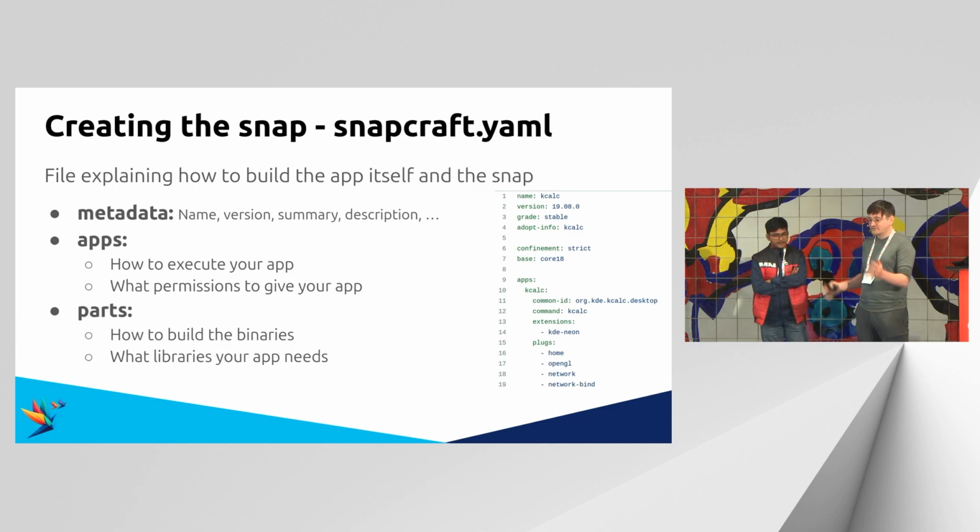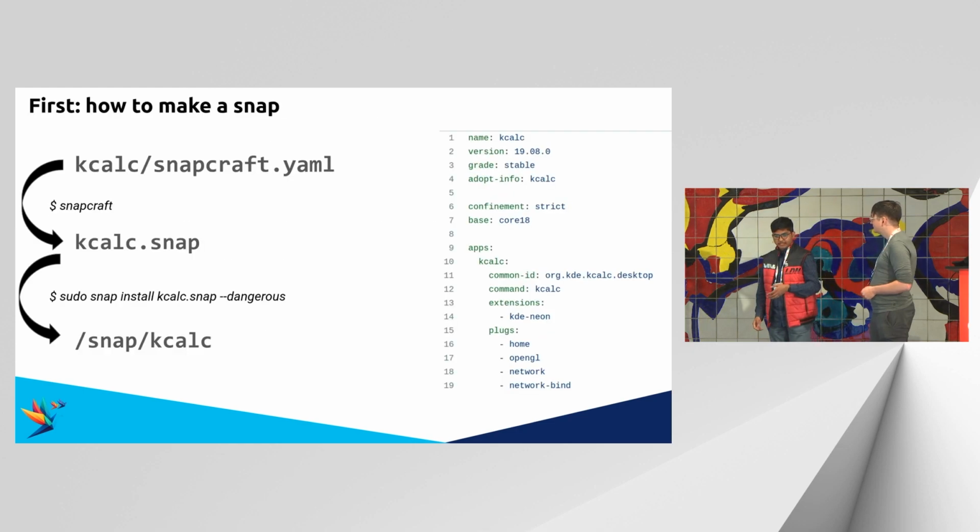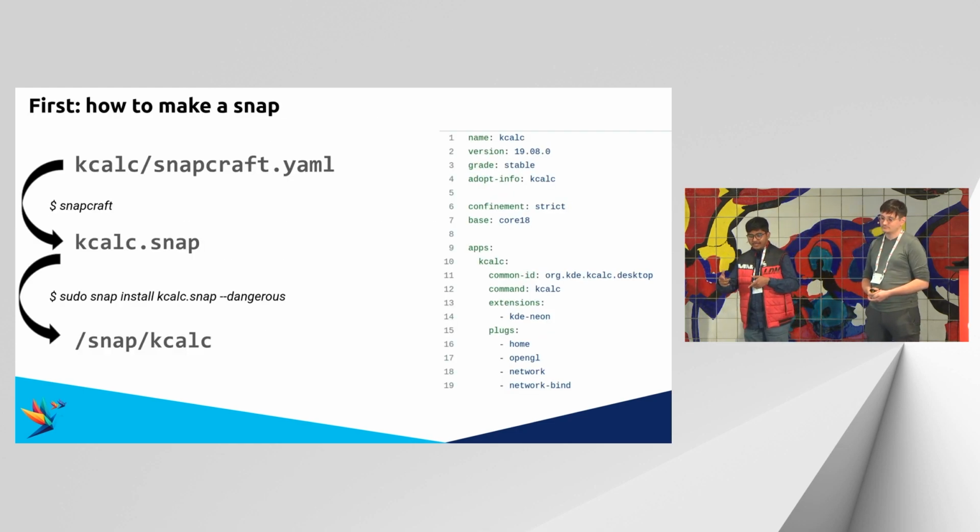It has a whole bunch of information, like the metadata of your application, which specific binaries are part of your application, and how to compile the different parts of your application. So you get your manifest, you use Snapcraft, you build it, and you get the snap file, the file with an extension of .snap. You install it using the dangerous flag, and you get it on your system, ready and working.